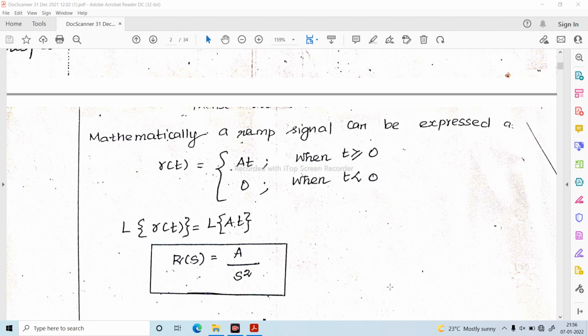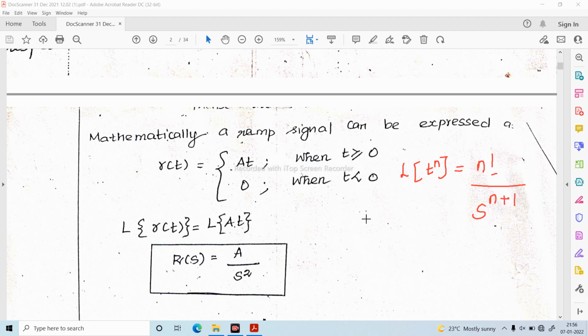Next, find the Laplace transformation of at, or the Laplace transformation of R of t. What is the Laplace transformation of t power n? That is equal to n factorial divided by s power n plus 1.